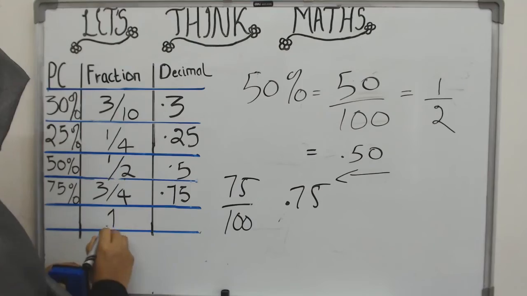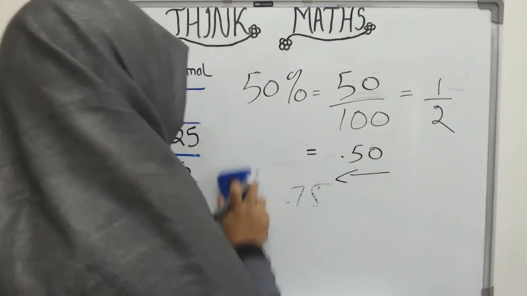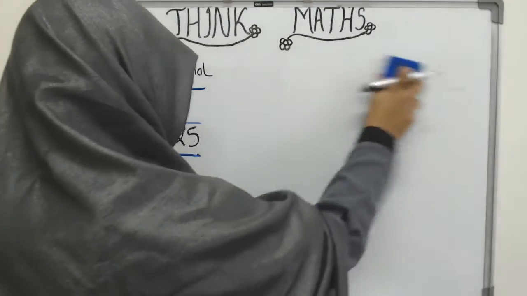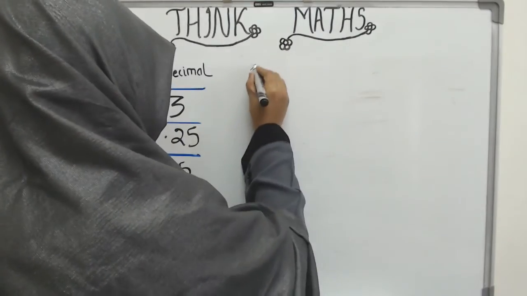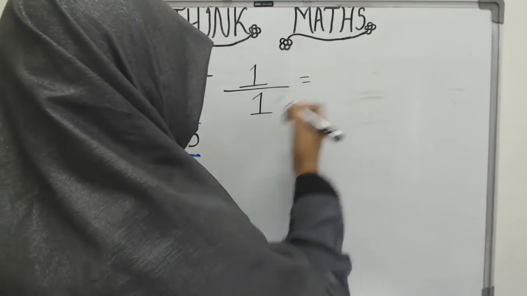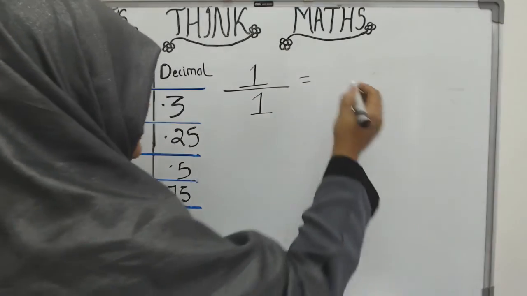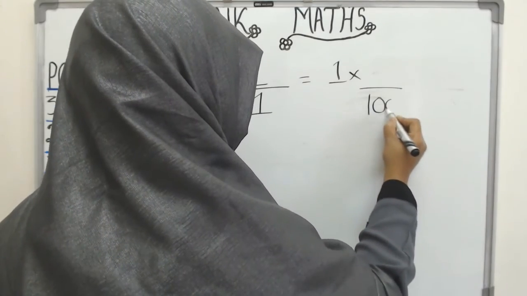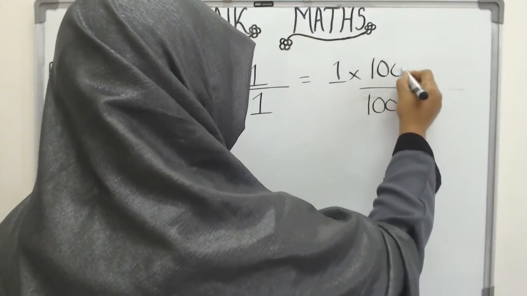Now, for the last one. If the fraction is 1, what does that mean? Whenever you see a fraction, you see a denominator and a numerator, right? So if it is just 1, what is its denominator? It is 1. And then how do you make it into a percentage? You need 100 in the denominator. So multiply the top also by 100.